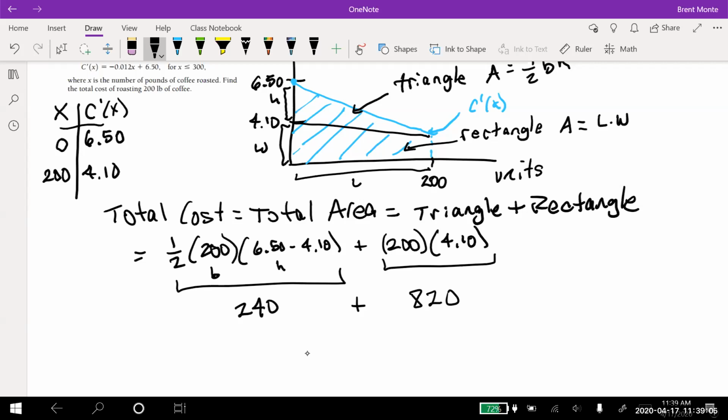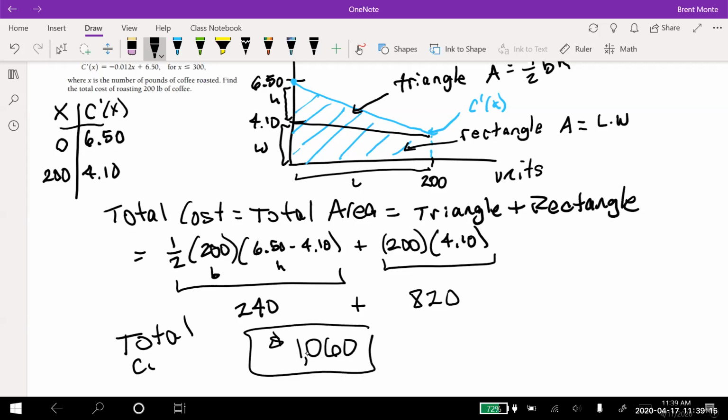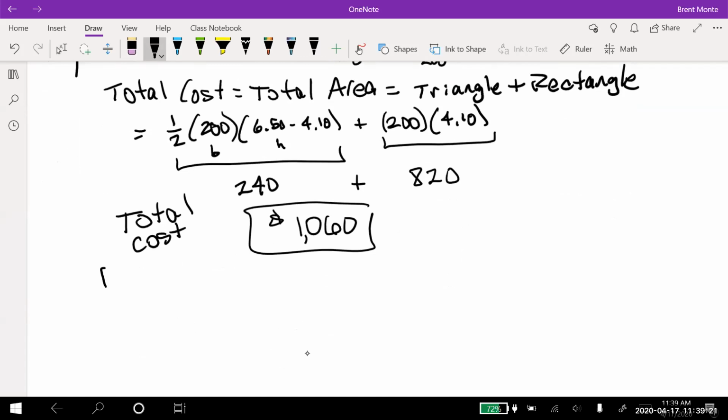And then if we add them together, we get 1,060. And that is my total cost. Total cost. And that was for producing 200 pounds of coffee. Should I say pounds? Should I write it out so I don't confuse anybody? Pounds of coffee.